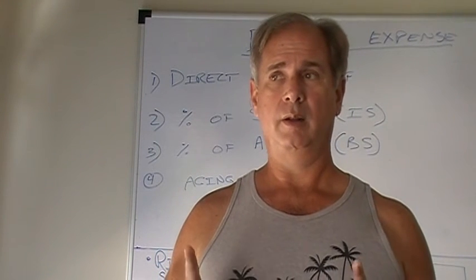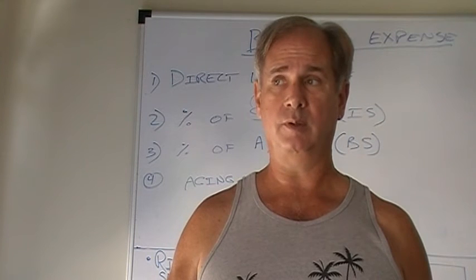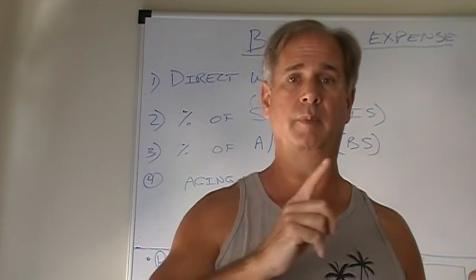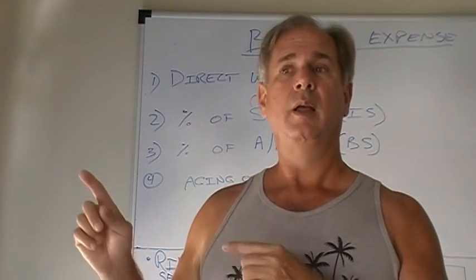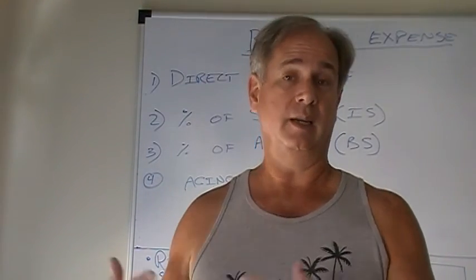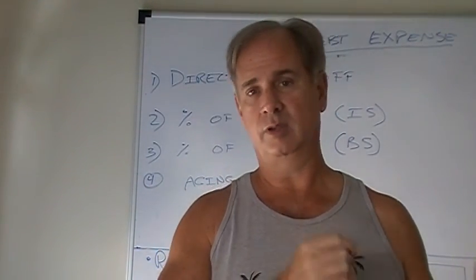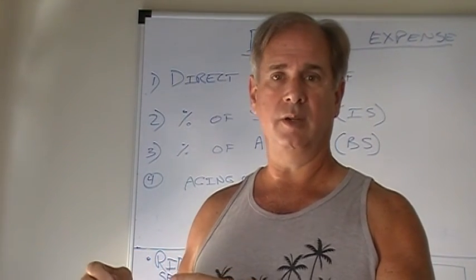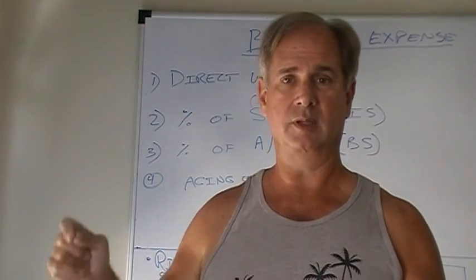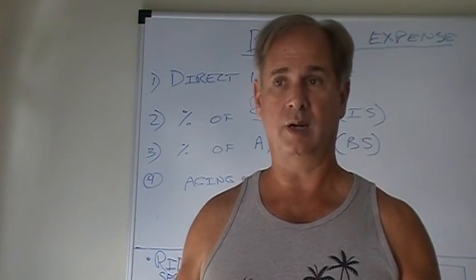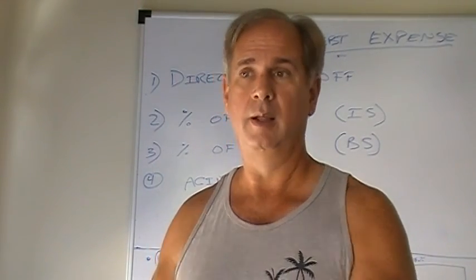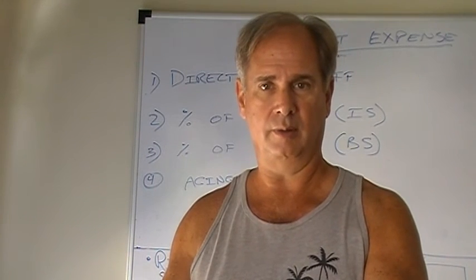But where the allowance method for the percentage of accounts receivable differs from credit sales is that in the next year, when I go through that estimation process again, and again, let's say it's $1 million in accounts receivable, 10% default rate, instead of just crediting the allowance for doubtful accounts for $100,000 and debiting bad debt expense for $100,000, I'm going to look at the balance in the allowance for doubtful accounts account. And like I said, in this case, it was $99,000.